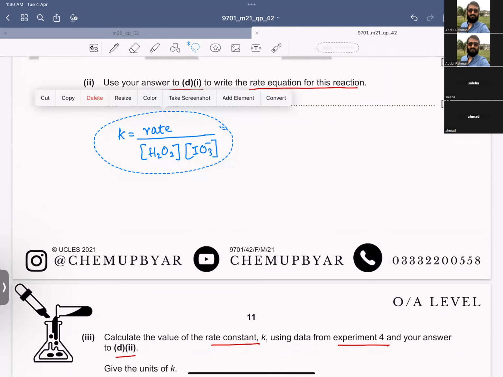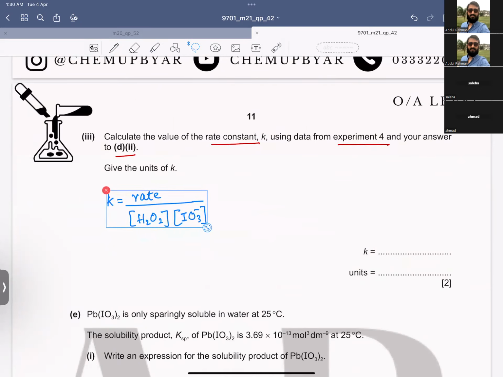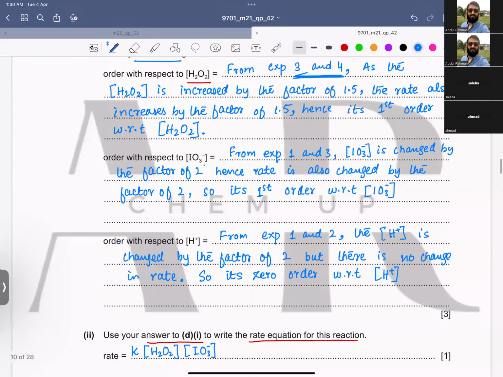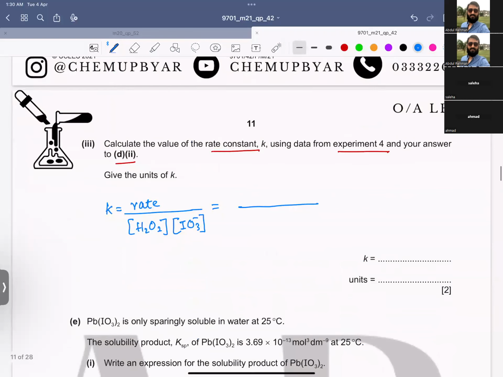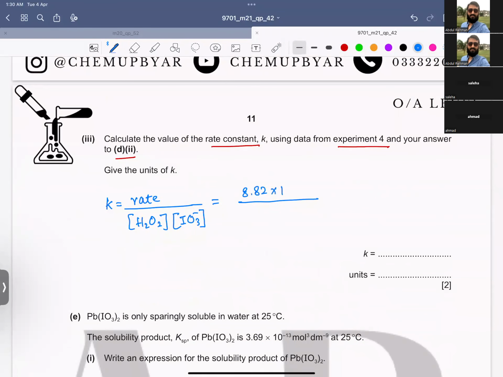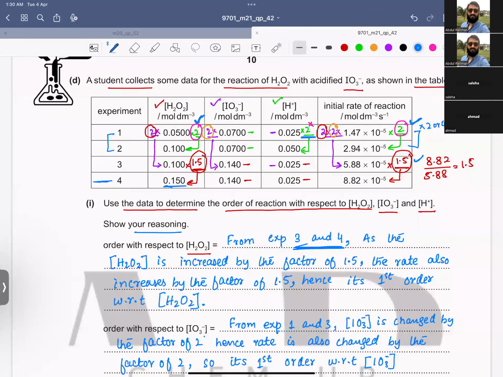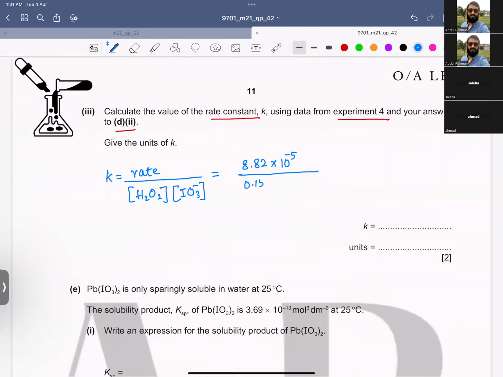So now here I have to put the values. Which values from experiment 4? It is 8.82 exponent minus 5 over 0.150 times 0.140. Yes, can anybody tell me the answer?